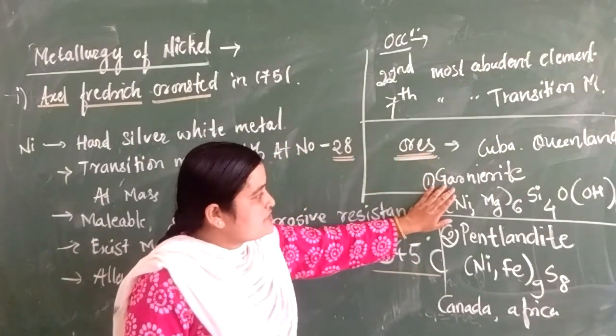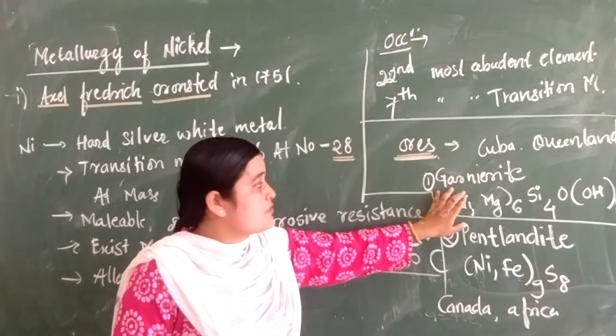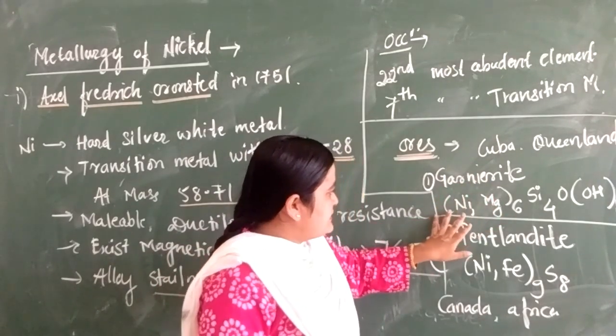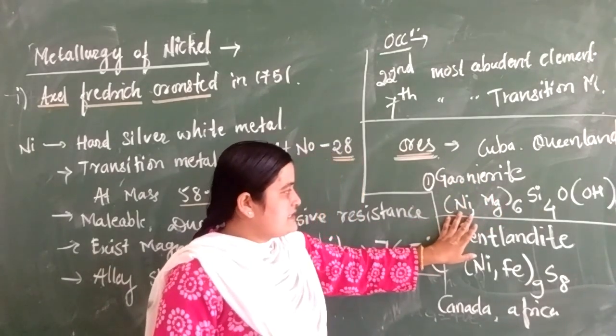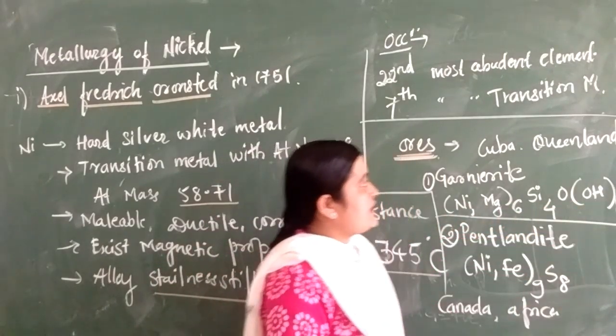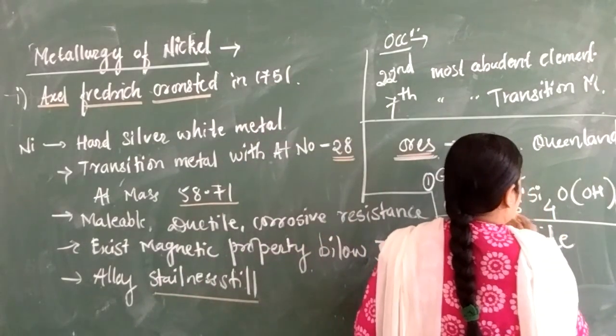The first ore is garnierite, sometimes pronounced generalite. Just see which ore that is: NiMg6Si4O10(OH)8. I think it is not visible.